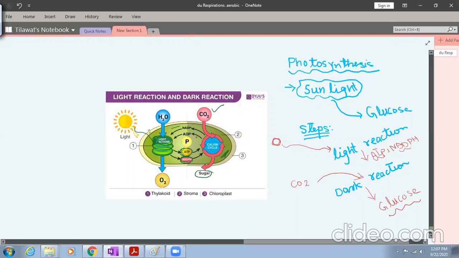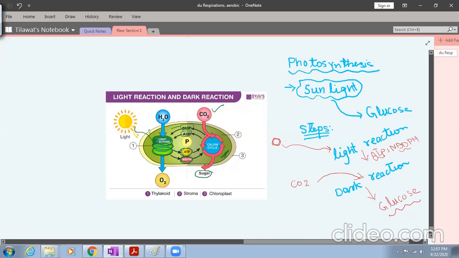Now, after utilization, this ATP will convert into ADP, and NADPH will convert into NADP.